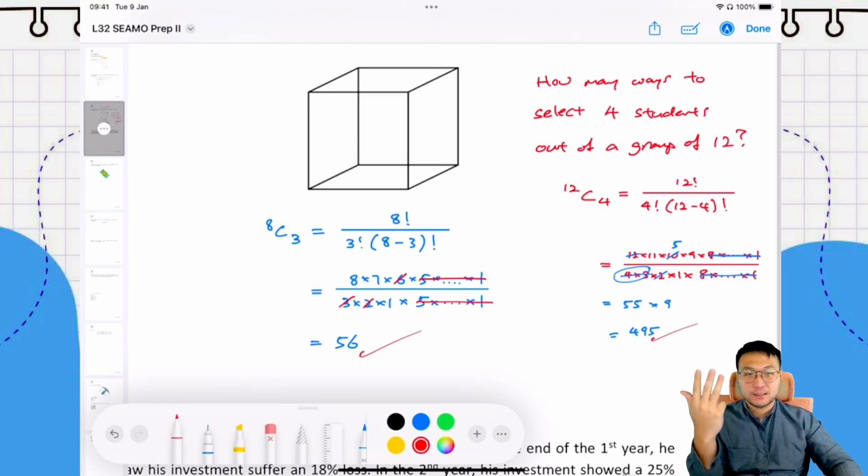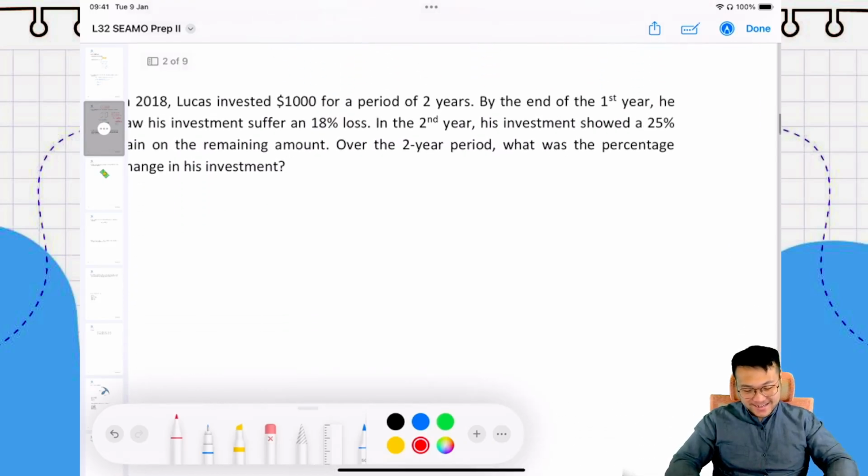As long as I select 4, then 4 of you will form a team. So this formula is only used when the order does not matter. We call this combination. But if the order of selection matters, we call it permutation. Now that is a different story. Okay, let's look at question 4.